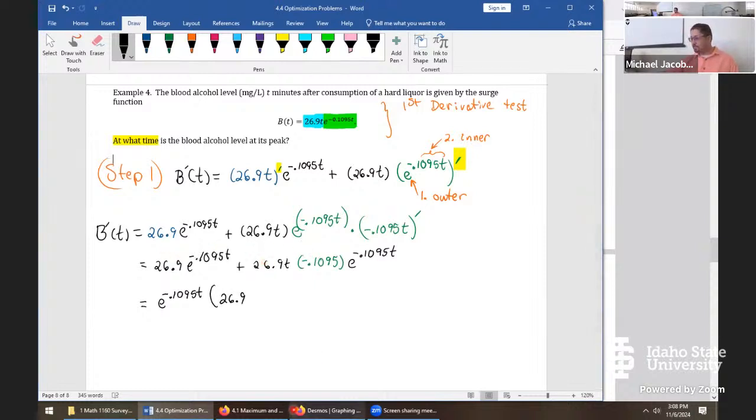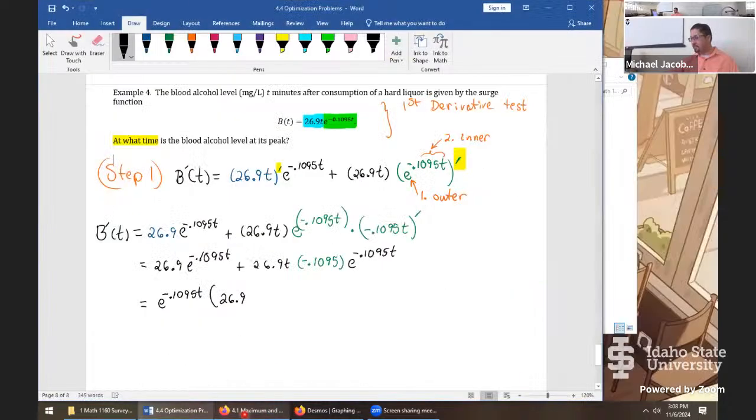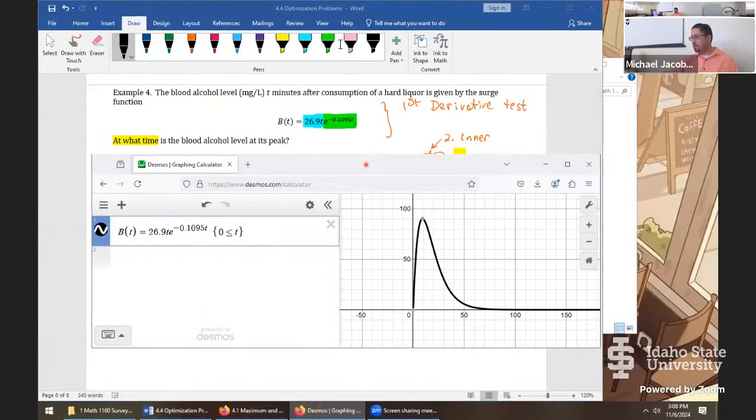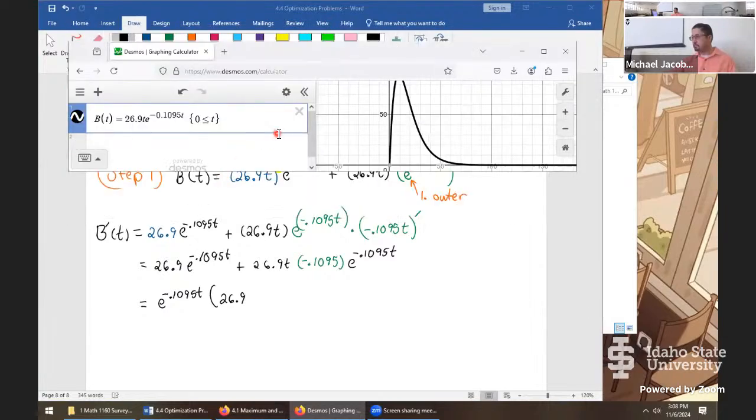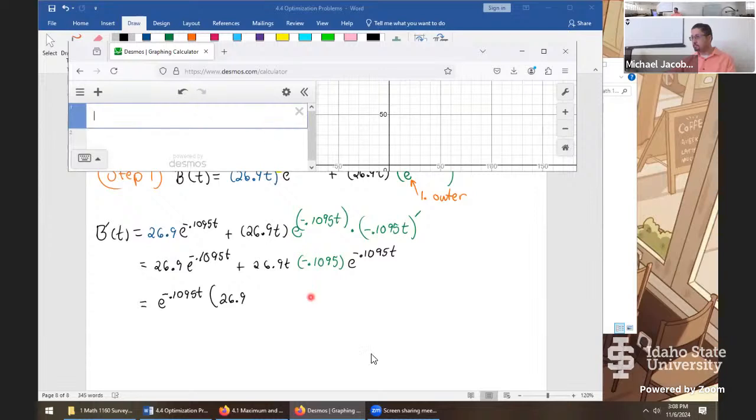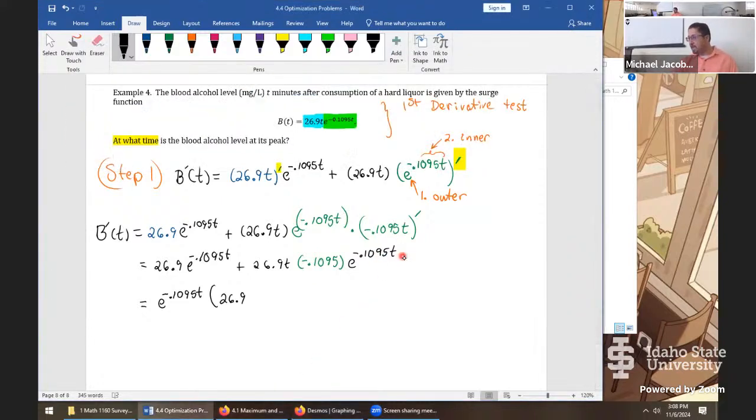And these two numbers, this is a good time to multiply them together. So 26.9 times negative 0.1095, we get a negative 2.94555.